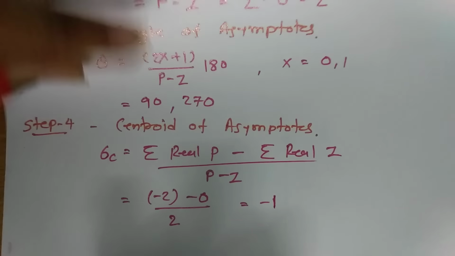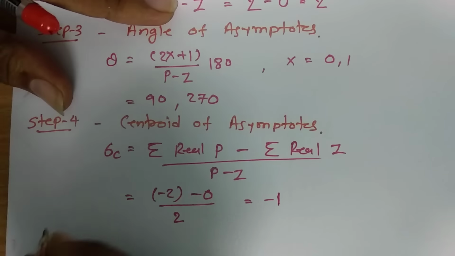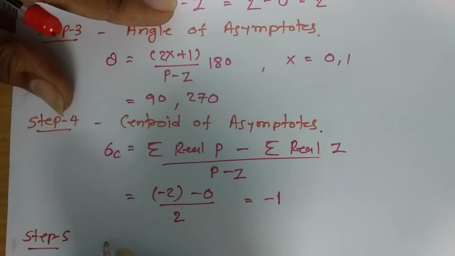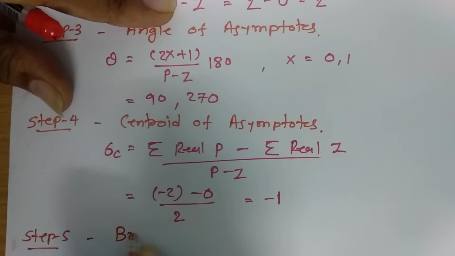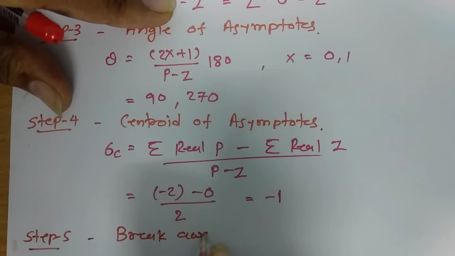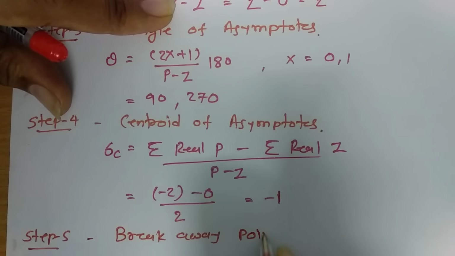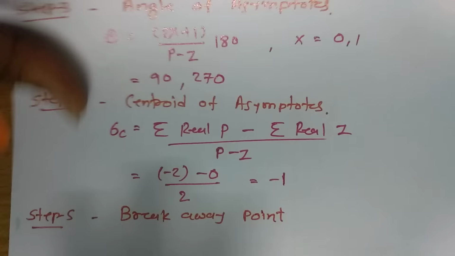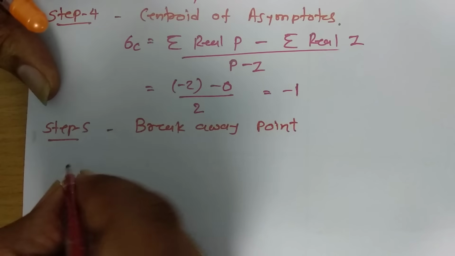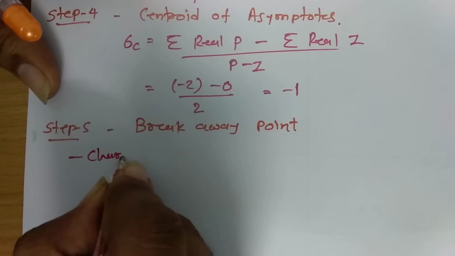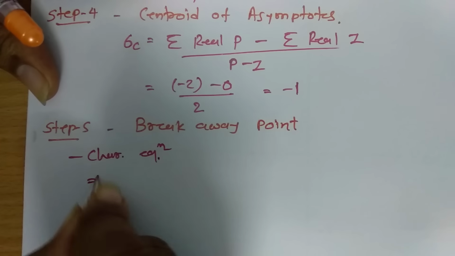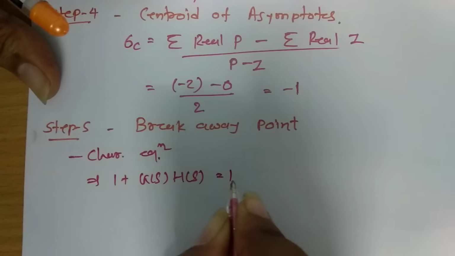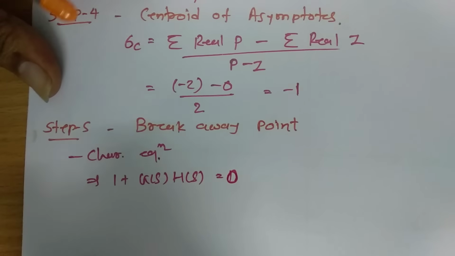Now the next step is the calculation of the breakaway point. For the breakaway point, we need to obtain the characteristic equation first. The characteristic equation is 1 plus G(s)H(s) equals 0.